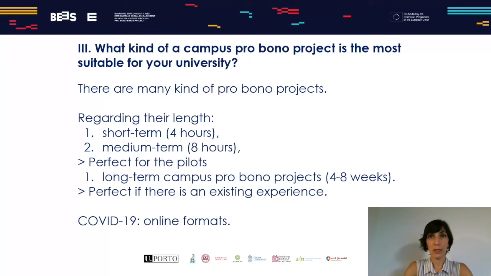This kind of project is perfect for those universities that already have a background in social activities for their students and have more experience in the coordination of these kinds of projects. However, we need to highlight that the project management involved in this kind of project is higher than in the short and medium-term campus pro bono project.